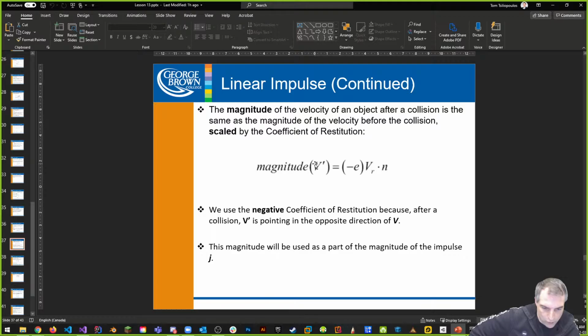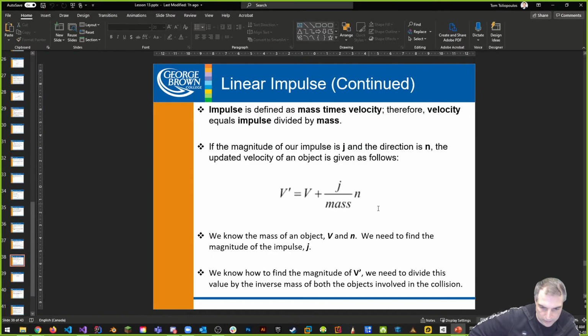We use the negative coefficient of restitution because after the collision, v prime is pointing in the opposite direction of where it was going before. It's going to go the other way. The magnitude will be used as part of the magnitude of the impulse, J, which we're going to see in the next equation.